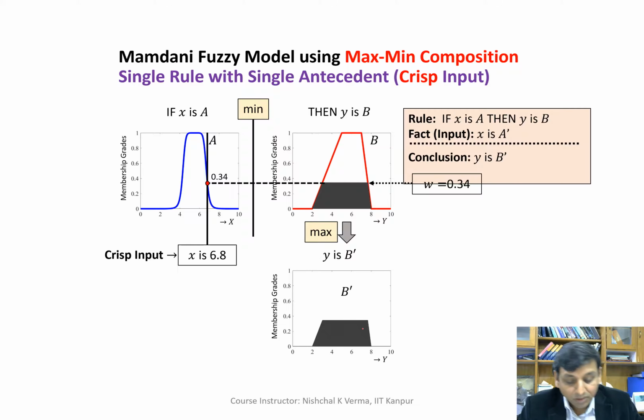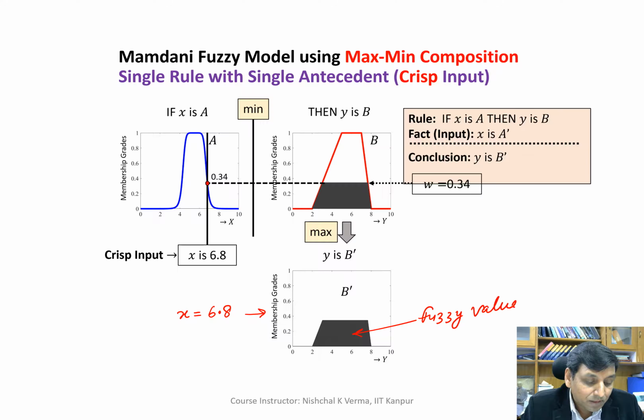So that's how x equal to 6.8 is giving us the output B dash, and this is nothing but a fuzzy value. But this fuzzy value has no meaning unless we understand what the corresponding crisp value is.